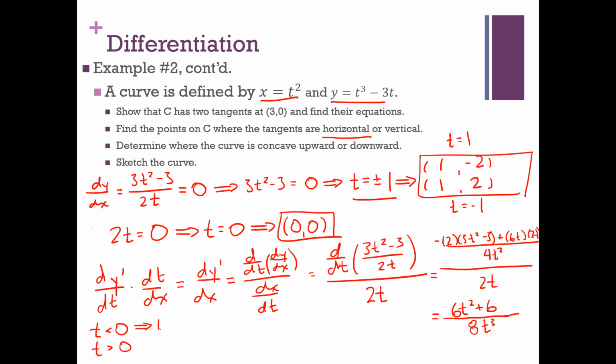-2. So t equals -2. What does that mean about the second derivative? d^2y/dx^2 equals what? 30? So what does that mean about our function?